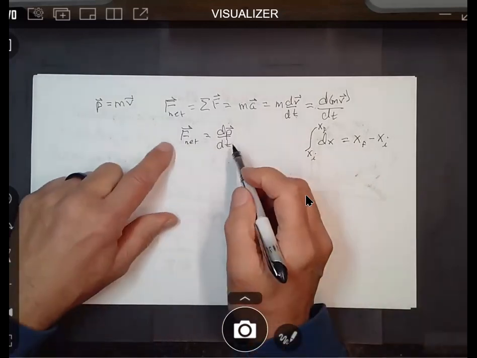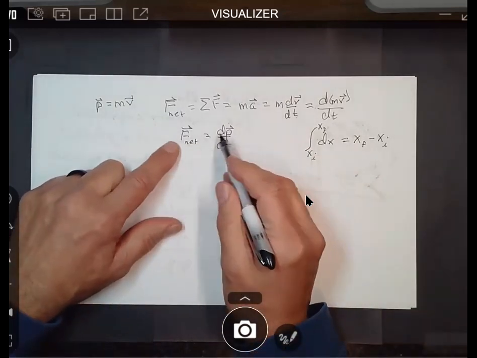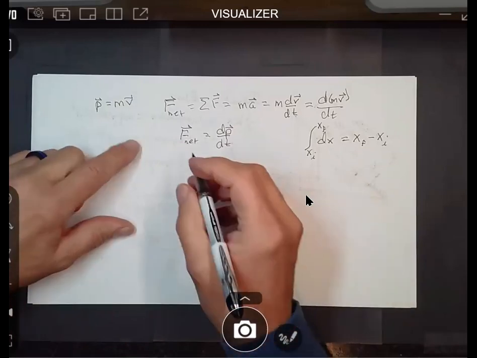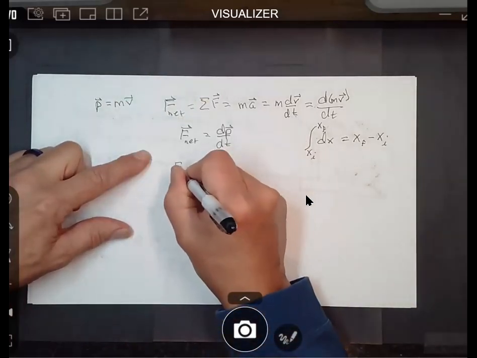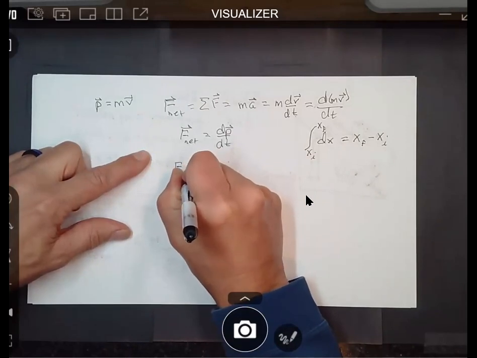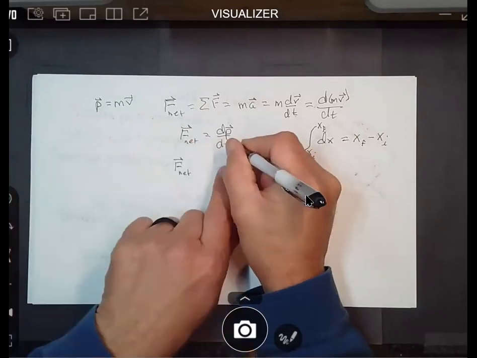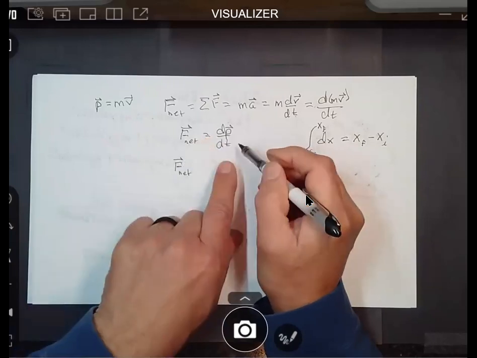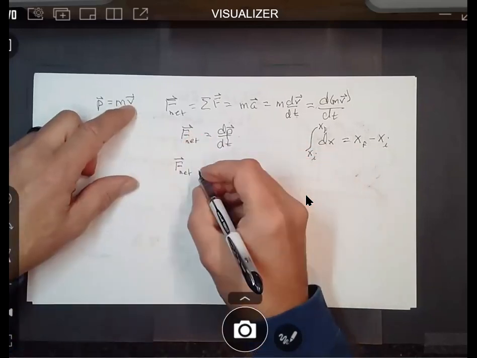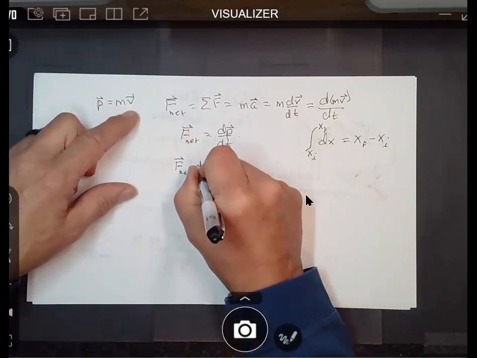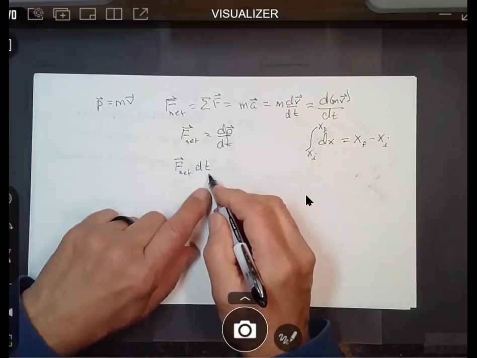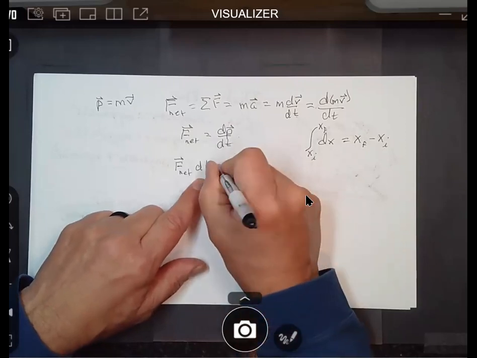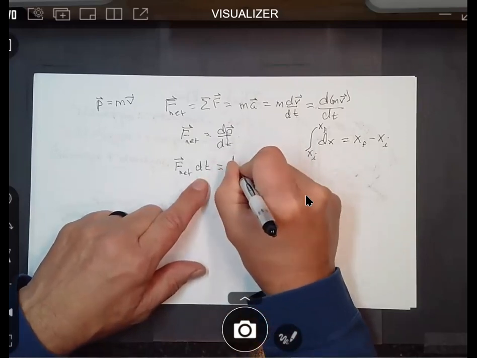Okay, I can do something like that here, and we're going to come up with some other new idea besides momentum. If I multiply both sides by dt, then on the left side I would have F net times dt, and on the right side, I'll have dp.